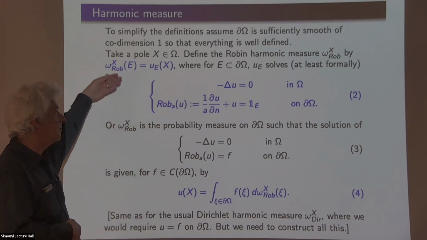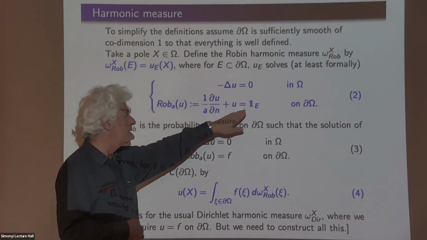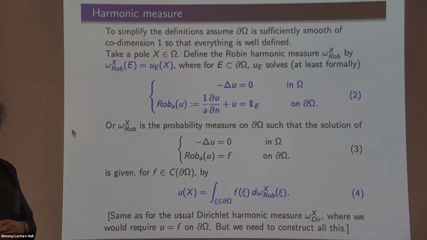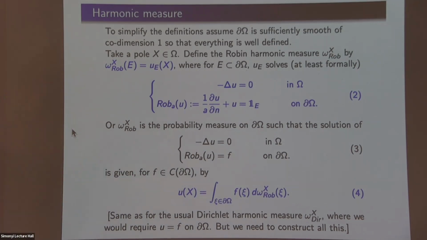Or if you just want a definition, you just solve this thing here, where your Robin function f is the characteristic function of a set in the boundary. And then if you can solve this, you can solve this. Okay. There is a maximum principle. I mean, some of the things are wrong for this problem, but at least there is a maximum principle and things like this, so don't worry too much. And it's linear.